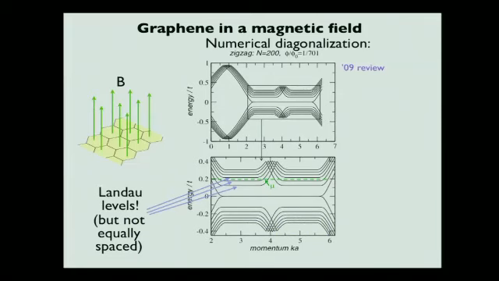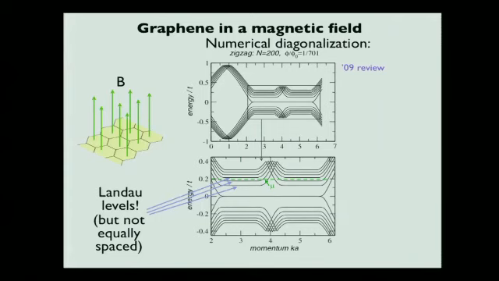Now let's take a graphene sheet and put it inside a magnetic field. So here's the magnetic field. Let's just assume for a moment we have a small, narrow graphene nanoribbon like shown here, because that's where people here made numerics. And what they find is the following. Again, energy versus one of the momenta. We will see in a moment that it's fair, that there's still one momentum left as a good quantum number.